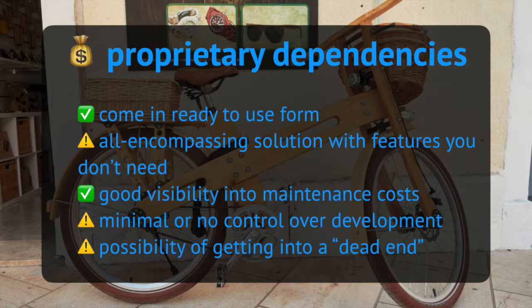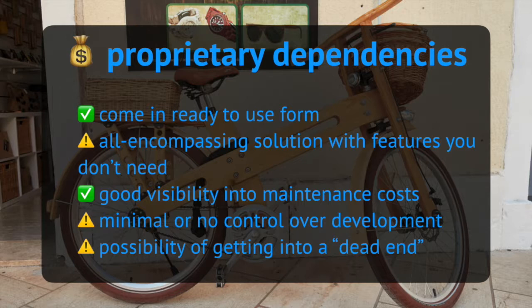Also, you get very minimal control over the direction of that component, and you are at the mercy of the vendor and the community at large. If your needs and your direction of using this component don't match the vision of the vendor or the desires of the community, you can be out of luck. You get very minimal control of what can happen with this component, and you basically have to use what you've got.